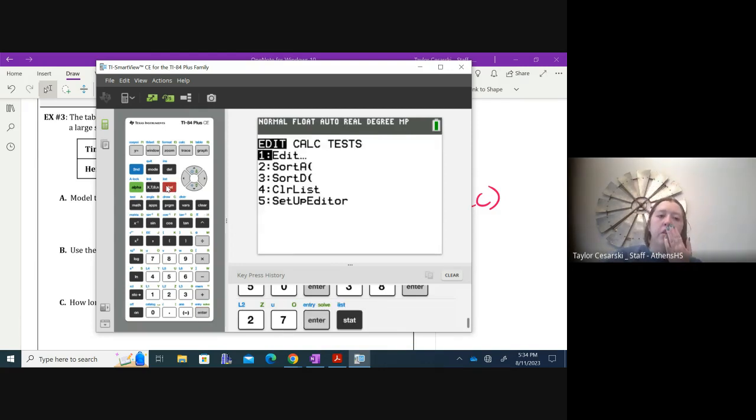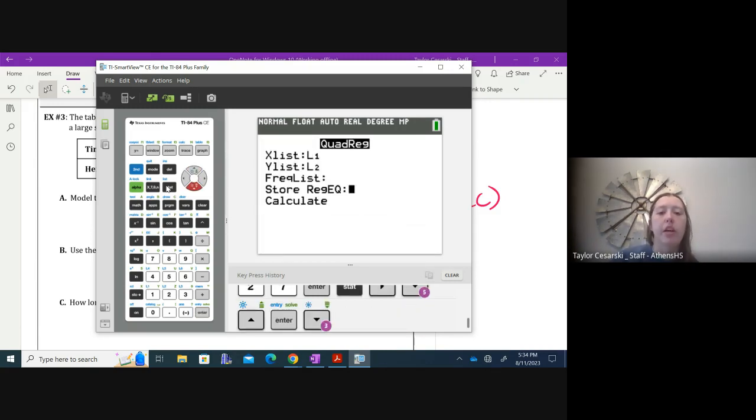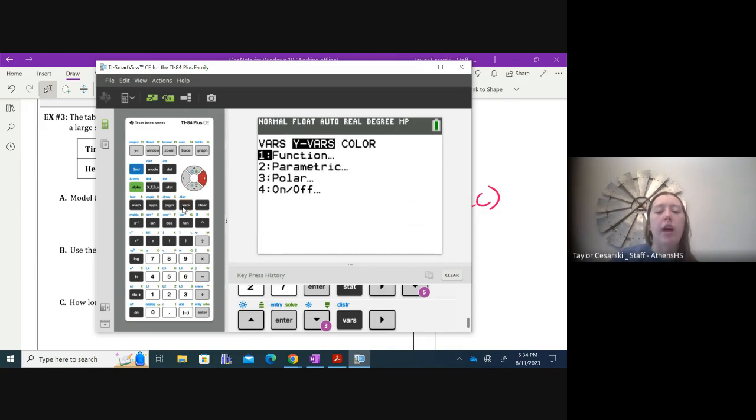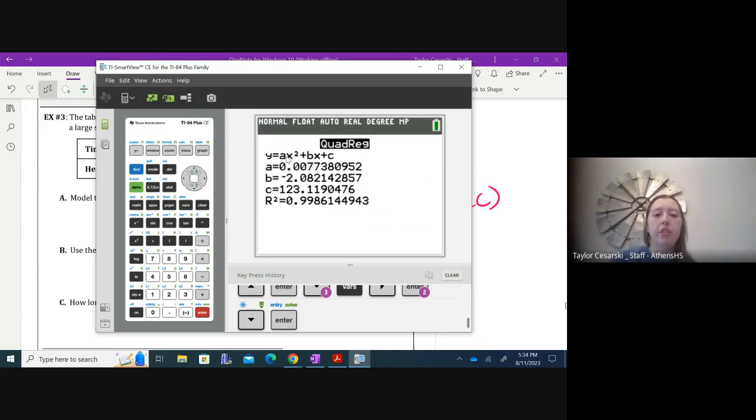Okay, so I'm going to go to Stat, right arrow over to Calc. I'm going to go down to Quadratic because it tells me to produce a quadratic regression. Vars, y-vars, function y1, and hit calculate. So all you need to do is basically just plug in the a for the coefficient in front of the x squared.